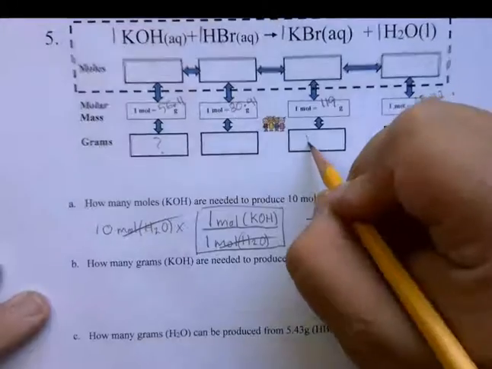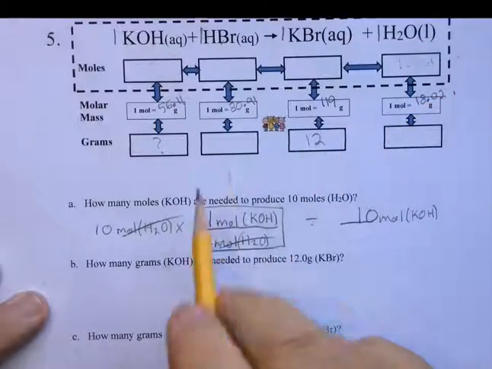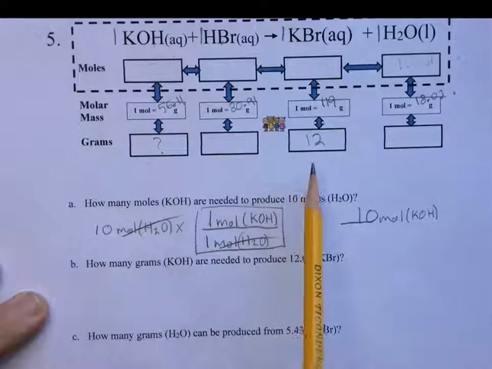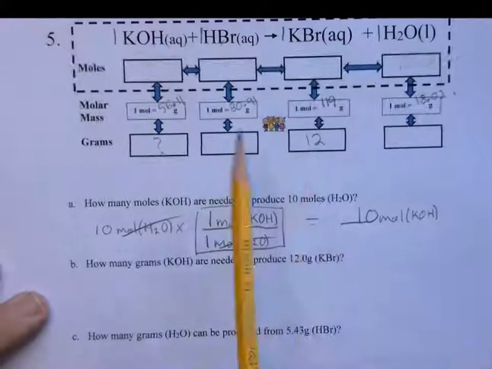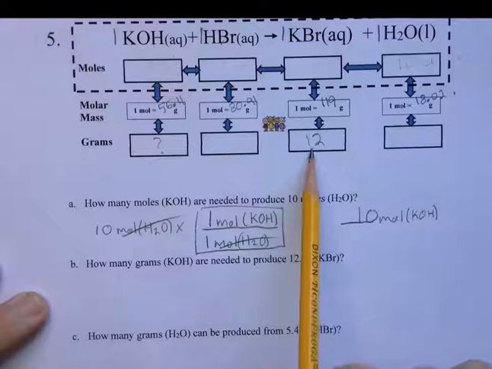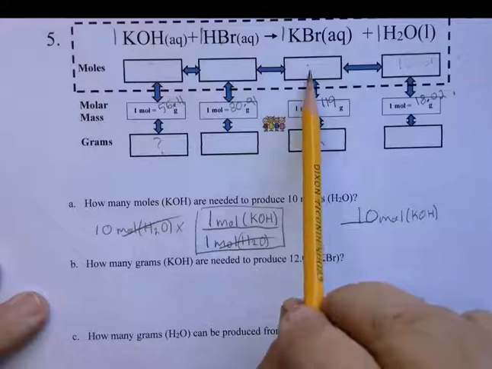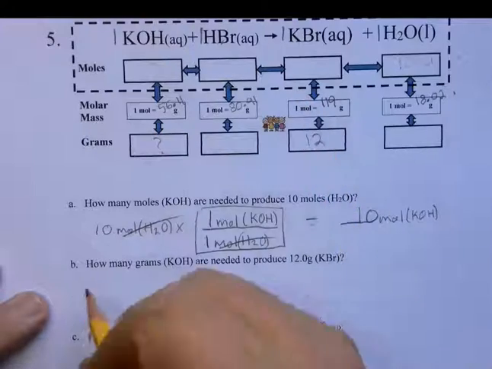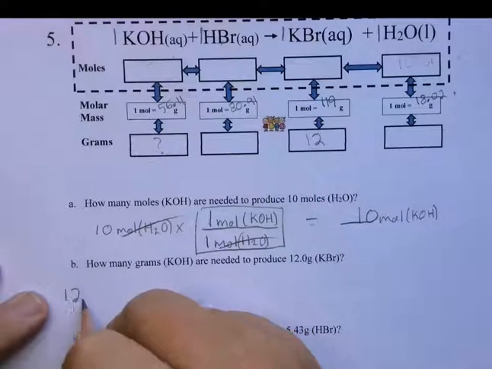So right here is 12 grams there. So while the equation, again, is flowing from left to right, our problem is going in the other direction. We want to produce this, and we need to know how many grams of KOH we're going to need to produce potassium bromide. So we've got to go up into the equation, come across, and come back down. All right, so let's go ahead and do that. This is a 3 conversion problem.